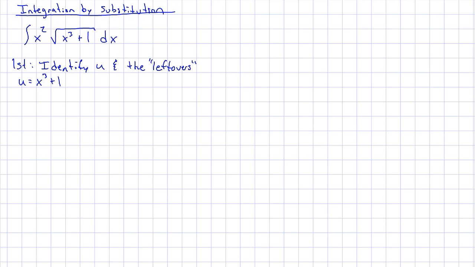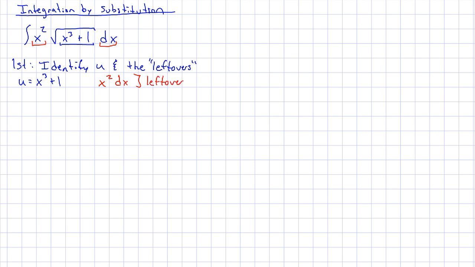Choose as large of a thing as you can without changing the derivative. The derivative of x cubed and the derivative of x cubed plus 1 are the same thing. So that is what I'm taking for my u. And then the leftovers are x squared dx.